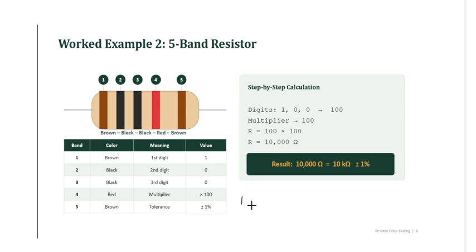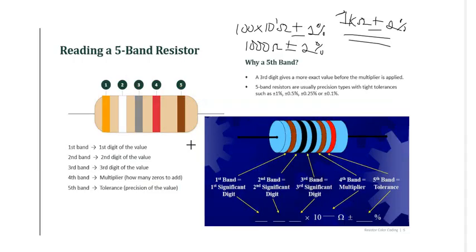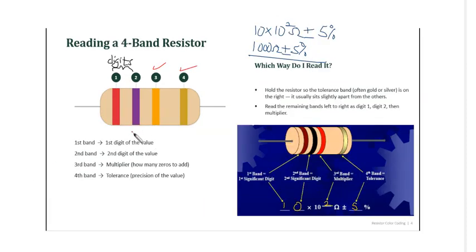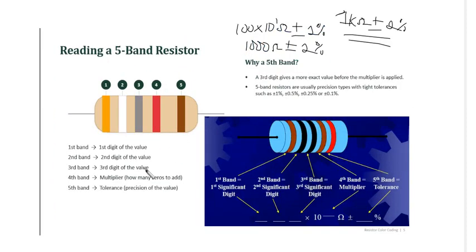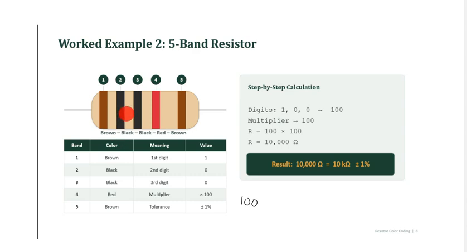Then black is 0, and we have 2 blacks there, that's 0, 0. Looking at the standard color codes, brown is 1, black is 0. So these are serving as digits based on their position here. The first three bands on the 5-band resistor are digits.